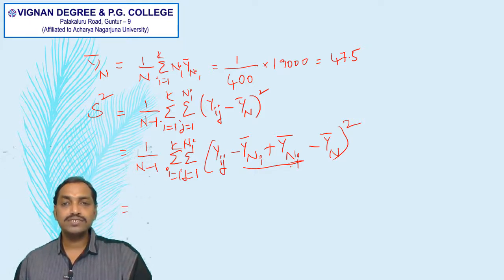In this expression, Yij minus Y N i bar is one term and Y N i bar minus Y N bar is another term, so this is in the form of a plus b whole square.